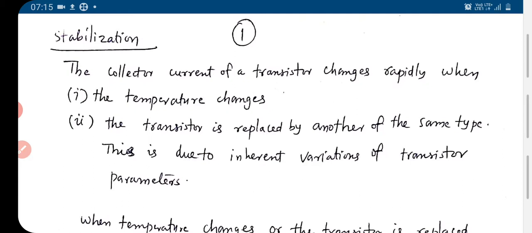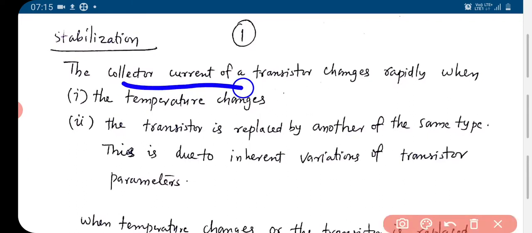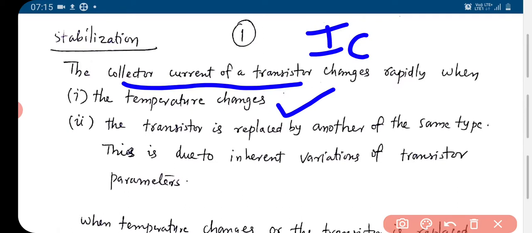So let's see what stabilization is. The collector current of a transistor, IC, changes rapidly when the temperature changes. So when temperature changes, the IC changes, and the IC will also change when the transistor is replaced by another of the same type.